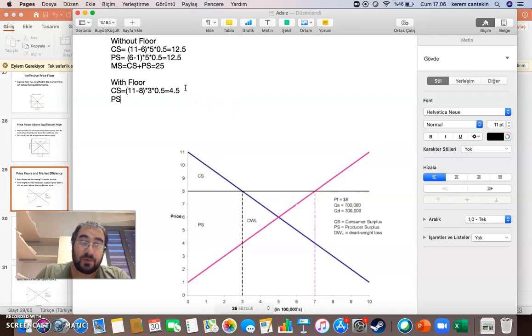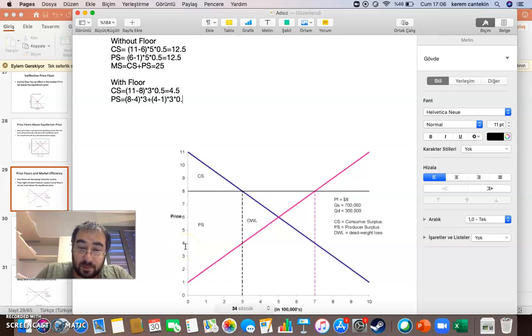So producer surplus is this rectangle, which is 8 minus 4 times 3, which is the amount they sell, plus 4 minus 1, which is this rectangle, times, again, 3.